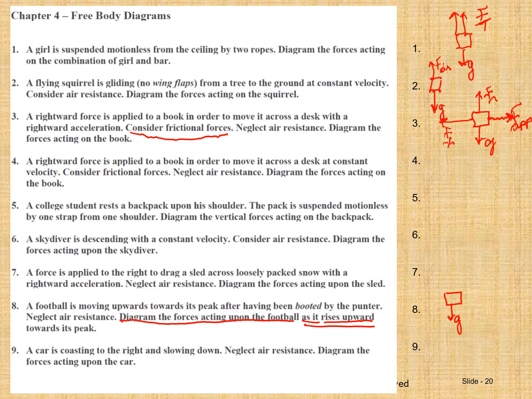So here's our car. We have a normal force going up. We have gravity coming down. It's coasting to the right and it's slowing down, which means you have friction to the left. Okay, so let me see if I can draw that a little bit.